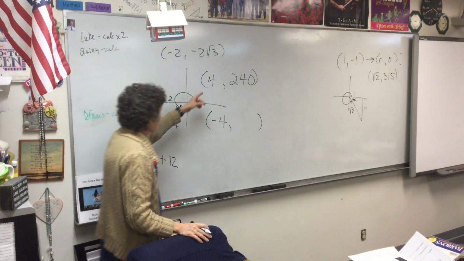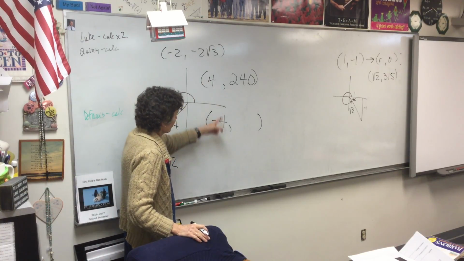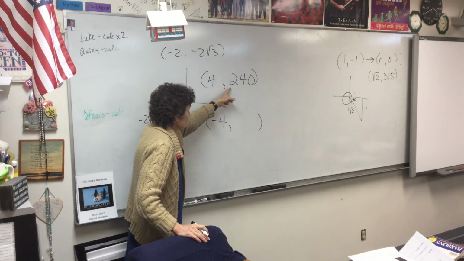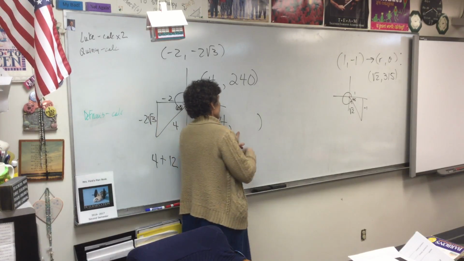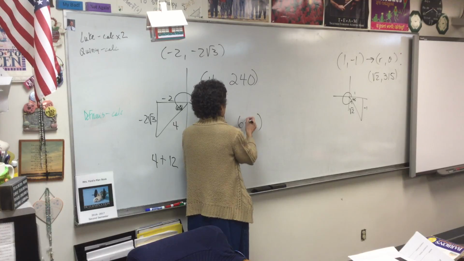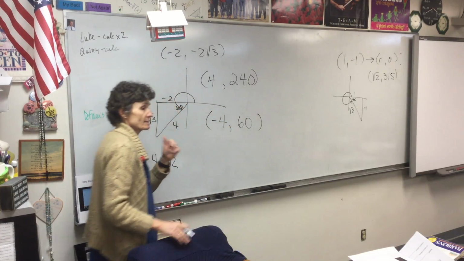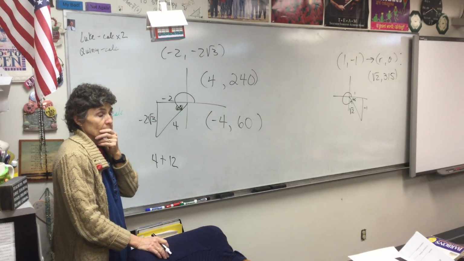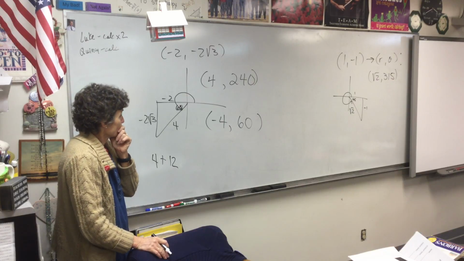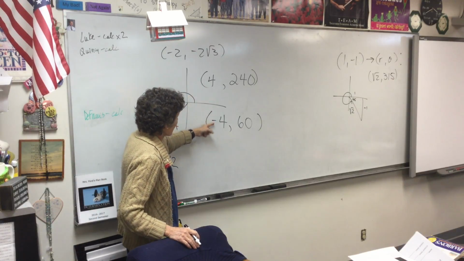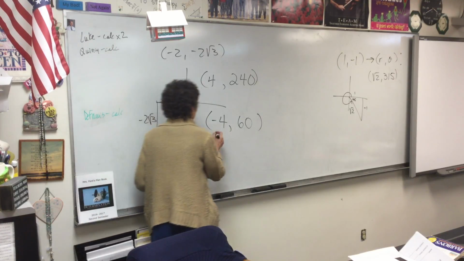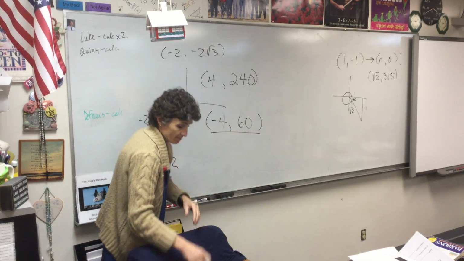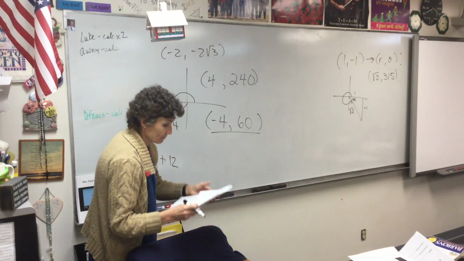And when I just make r negative, then what's going to happen to my angle? It's going to change by 180, so it's going to go to 60. These 2 points are exactly the same point. This problem wanted this version of it, r less than 0.